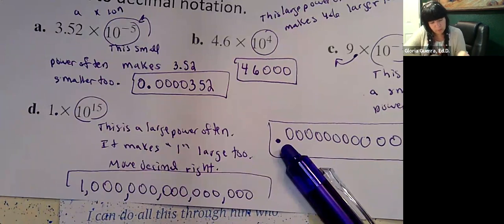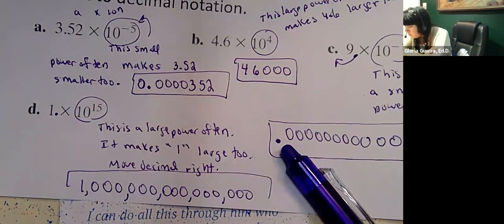Okay. 1, 2, 3, 4, 5 groupings of zeros. Yeah, 5 zeros. Okay. All right.